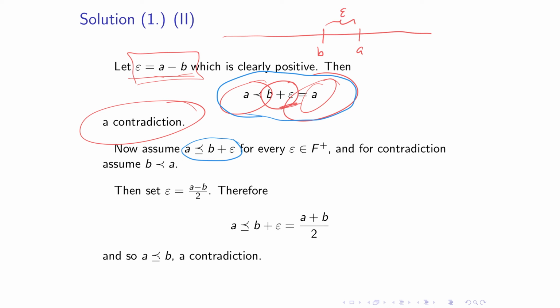Often, when you're doing a proof like this, we're again going to assume B precedes A for contradiction. That part's not going to change. But we're going to pick a different epsilon. And a lot of times, if an epsilon is so close to working, because we have A preseeks A, that's not quite what we want.